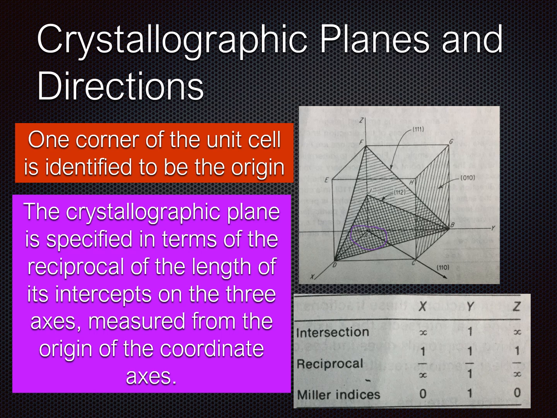In the cubic system shown, consider the cross-hatched plane BCHG. This is the plane.